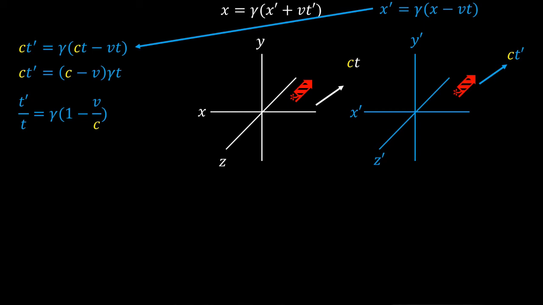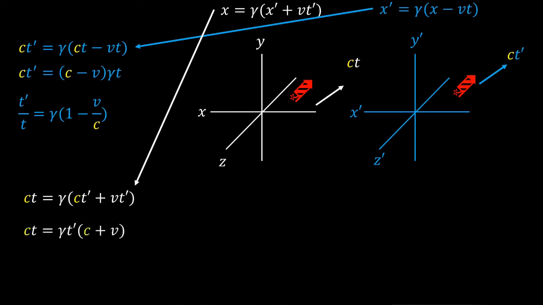We repeat the process with our Earth's reference frame equation shown in white, and we get ct equals gamma times open brackets ct prime plus vt prime close brackets, or ct equals gamma t prime times open brackets c plus v close brackets, which equals t prime divided by t equals c over gamma times open brackets c plus v close brackets.